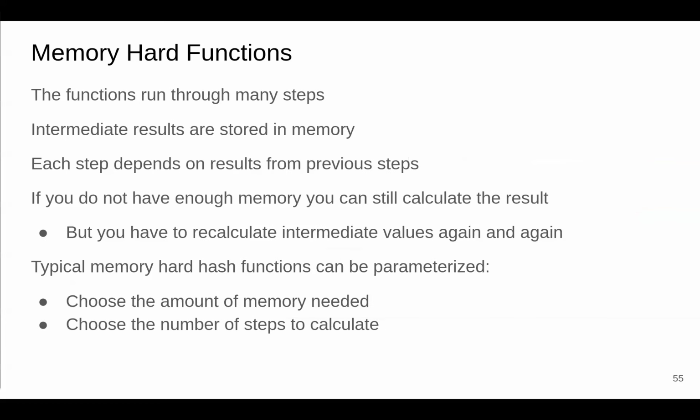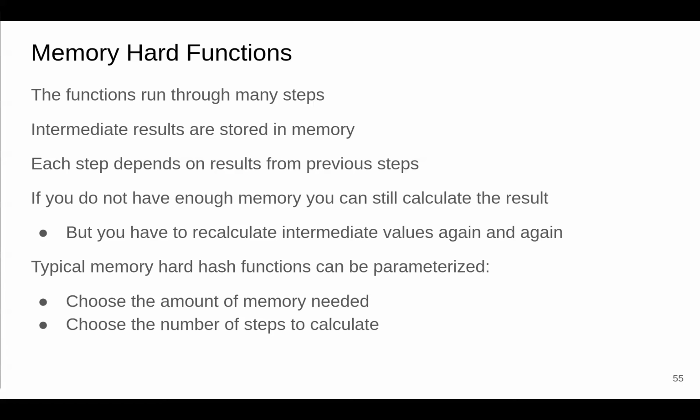Memory hard functions, the idea is that you run through many steps. Intermediate results are stored in memory. So it's a lot of back and forth to main memory. Load, store, compute, load, store, compute. And each step depends on results from several previous steps. So you need to keep track of all the intermediate results and you keep adding to it.